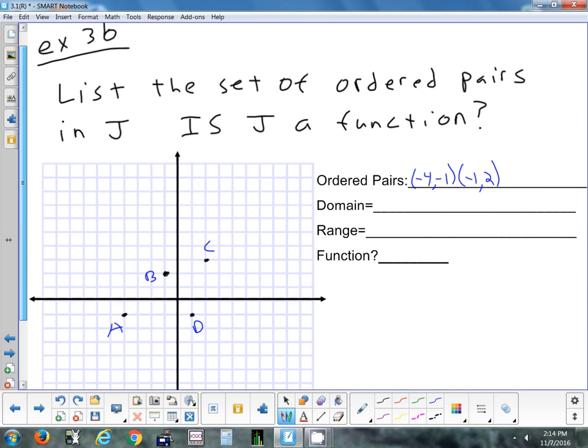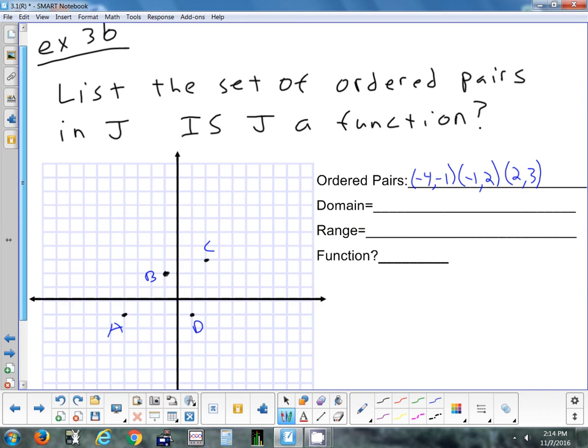Ashley? 2, 3. And how about the coordinates for point D? Maggie, you see what the coordinates are for point D? Not sure?